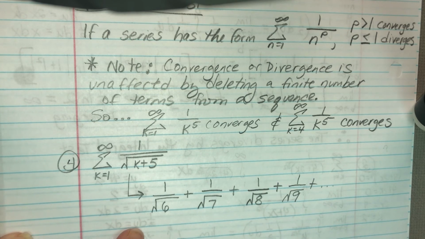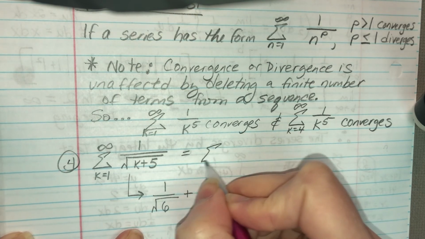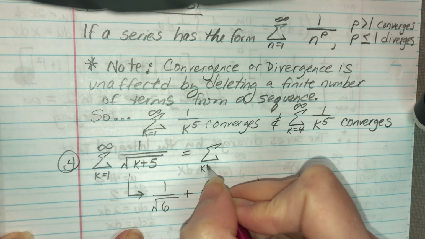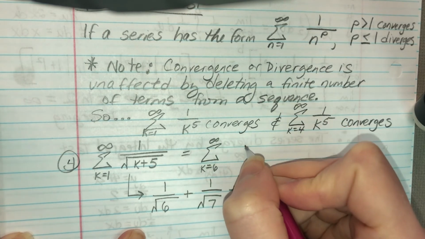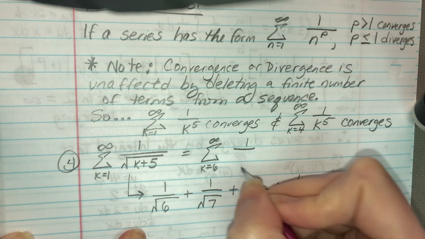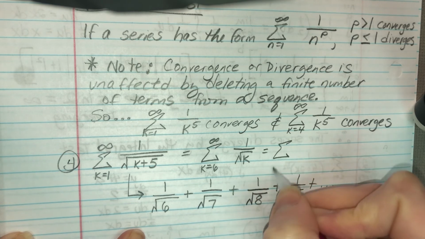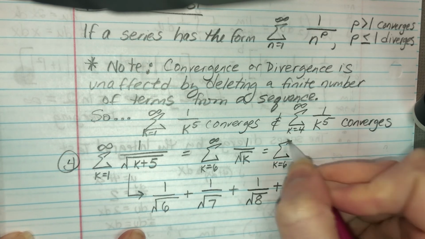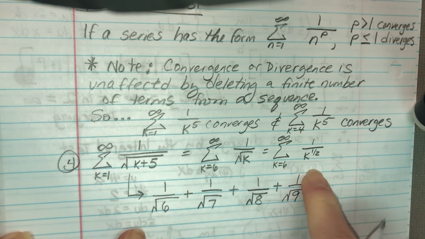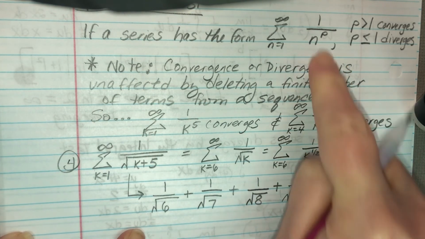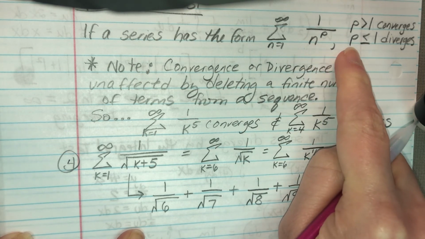So I want you to consider that another way to write this series is the sum from k equals, let's say we start with 6 and go to infinity, of 1 over the square root of k. And another way to write that is the sum from k equals 6 to infinity of 1 over k to the 1/2 power. Now this looks like a p-series, and the p-value is 1/2, which is less than 1.